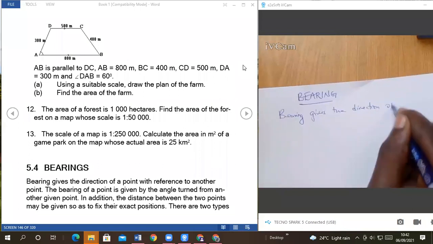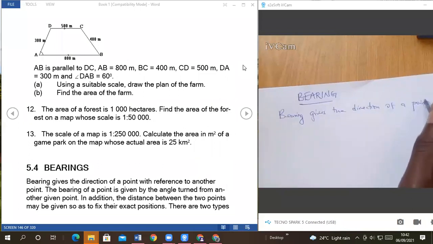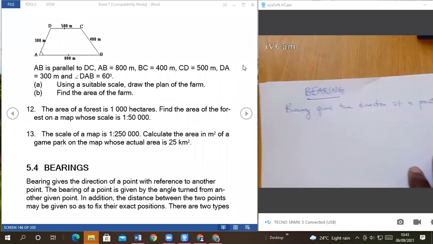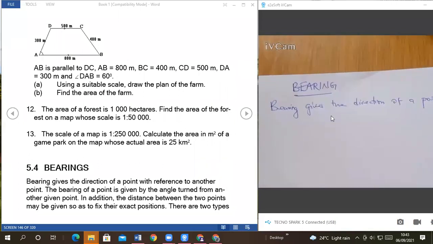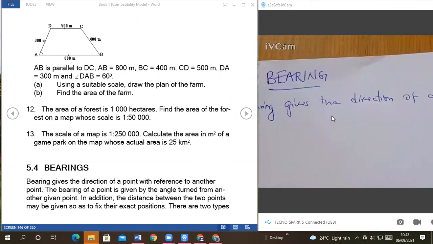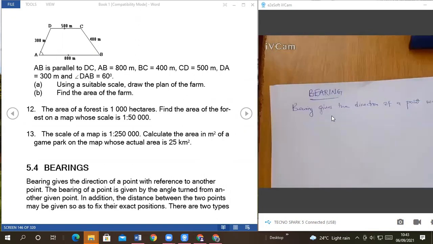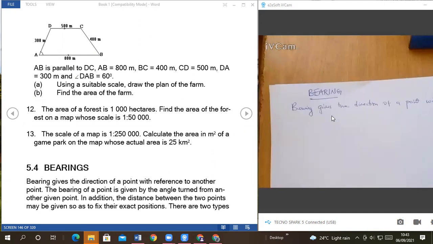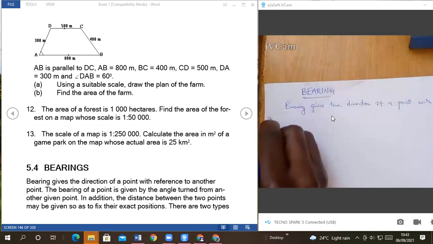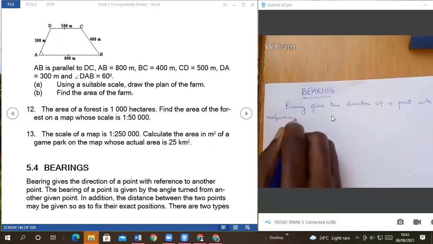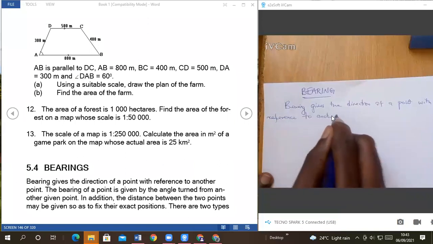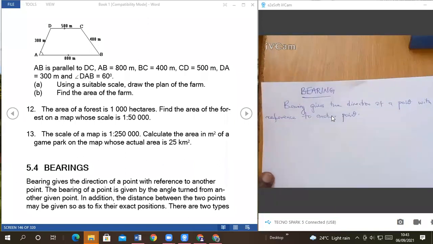Bearing gives the direction of a point with reference to another point. Okay. So bearing, yes.